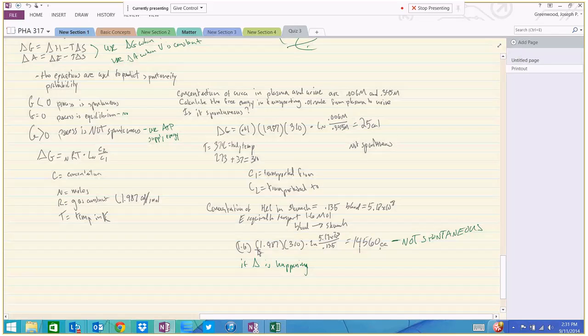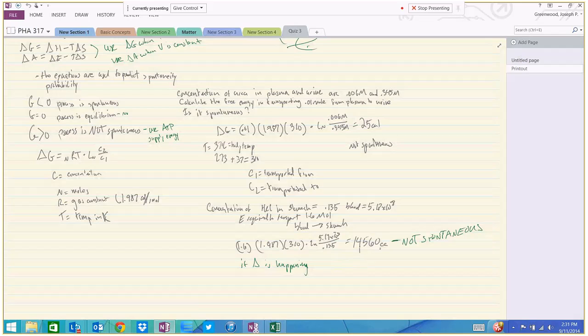After you plug everything in, you do the natural log of 5.18 times 10 to the negative 8 over 0.135. Since it's going from blood to stomach, you get an answer of like 14,000 calories, which obviously is greater than zero, so it would not be spontaneous. So there would be some sort of process or mechanism that would create that.